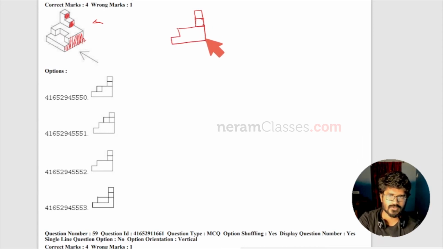So this is how the elevation of this 3D solid looks from this direction. So if we start filtering the options, this is wrong because we have a line here, and this is also wrong because we have one more square over here, and the third is the exact match with the sketch, whereas if you compare the fourth option, this is also wrong because we have lines here. So third is the right answer.